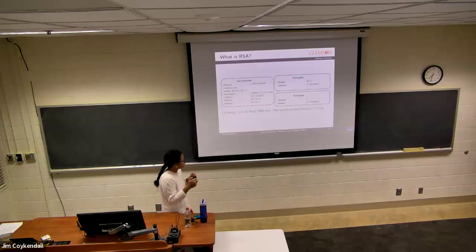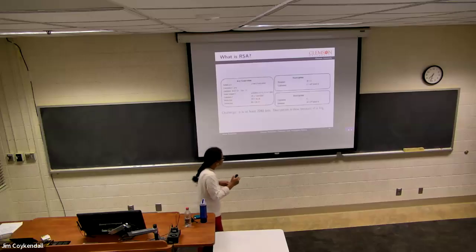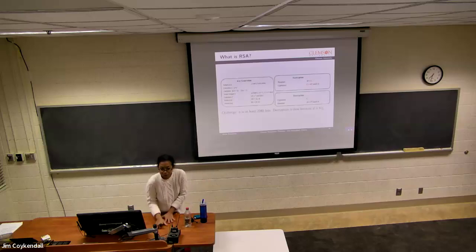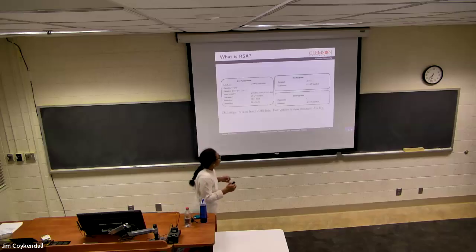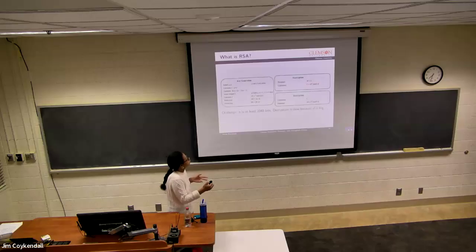So to do the encryption, the person who is sending the message needs to compute C equals M to the power of E modulo N, and that is very easy because, as I said before, E is very small. It's between 1 and phi of N. However, for the decryption, you need to compute this C to the power of D, because you know that E times D is 1 modulo phi of N, and then that's when you get M back.